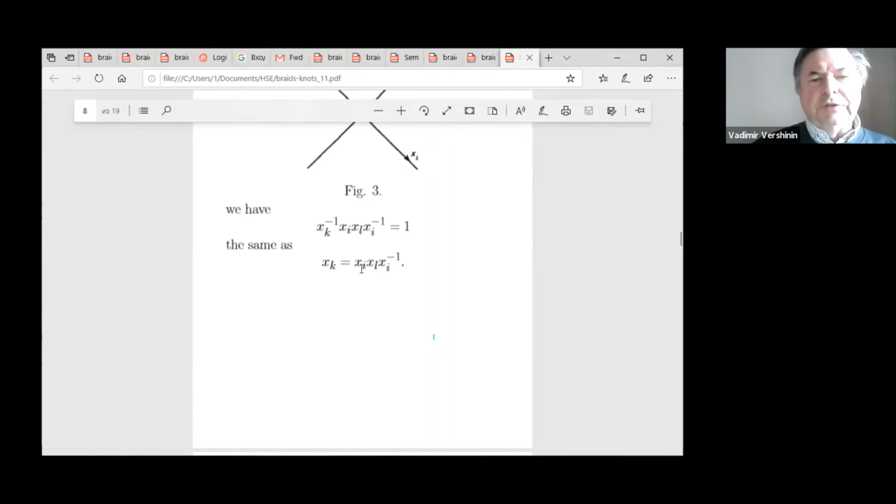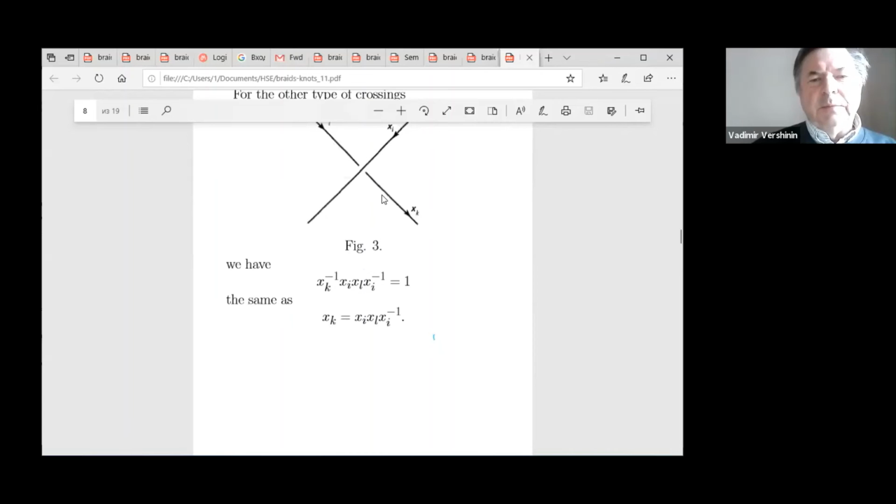If you have a positive crossing, then the same xk you should write down as xi xl xi^-1. Maybe I made a mistake here. So this is what I usually write. For the positive crossing, you start with xk and you take the positive xi, so you have conjugation starting with positive.